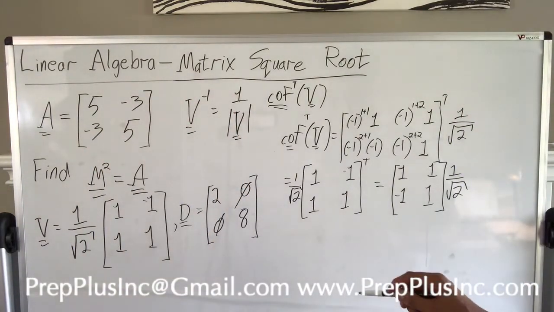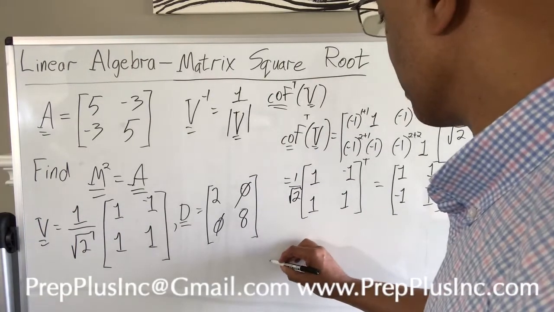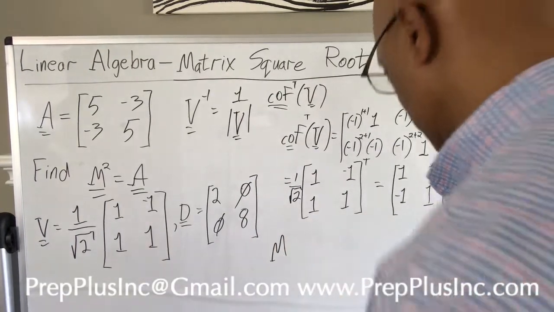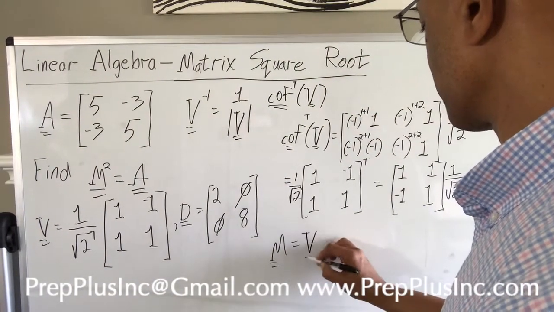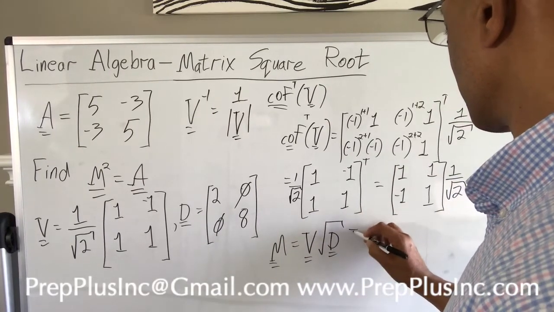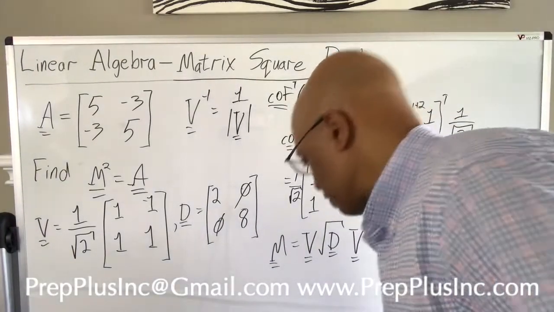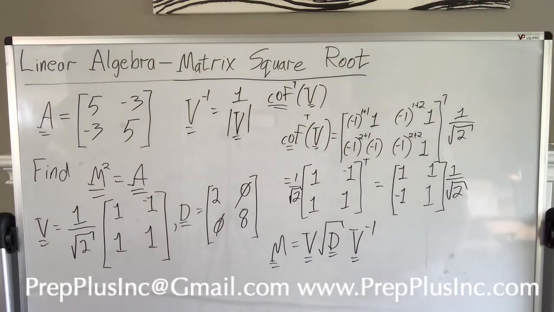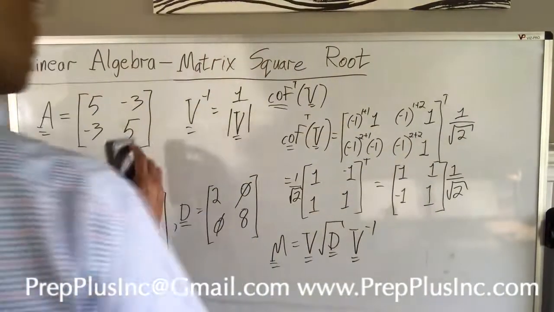So then what we need is M equals the V matrix times the square root of the D matrix times V inverse.